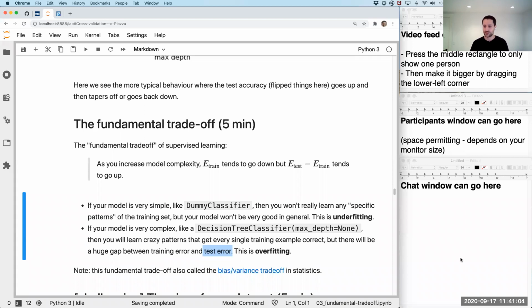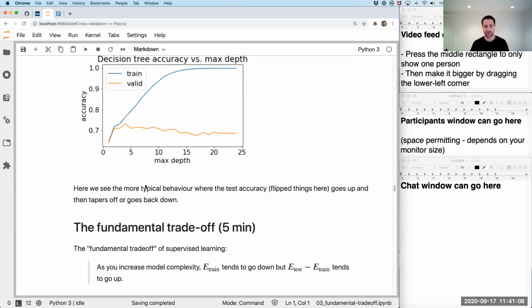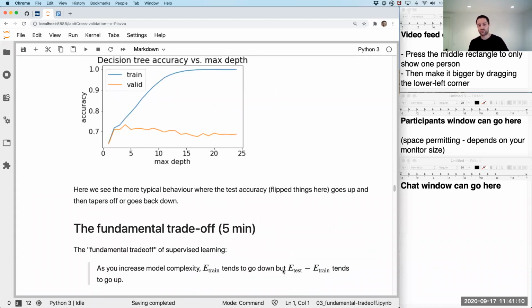Why do we worry about the gap if we have a scenario where the test set is also improving? Okay, that's a great question. I wouldn't say you really have to worry about the gap. You could just say, who cares about this trade-off? I'm just going to try and get the best test accuracy and not think about anything else. And that's an okay beginner's approach to this.